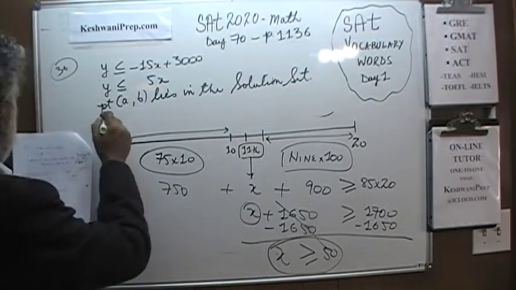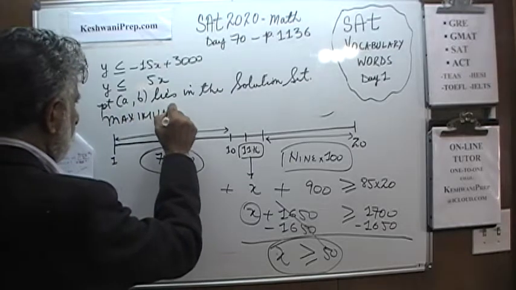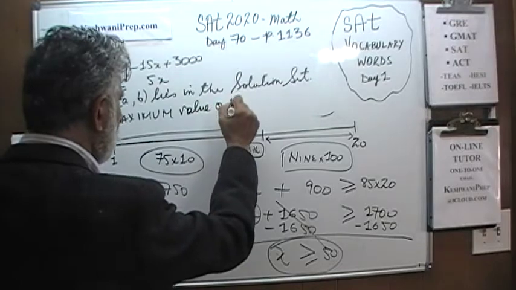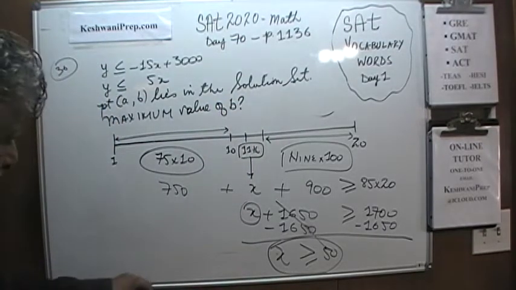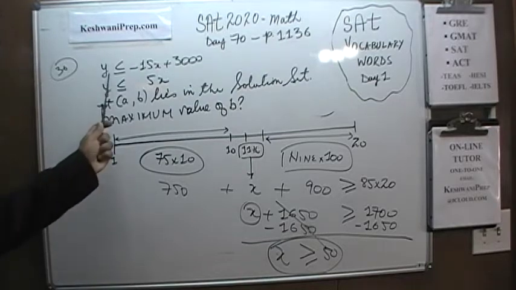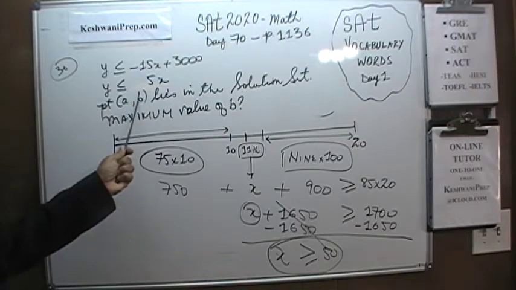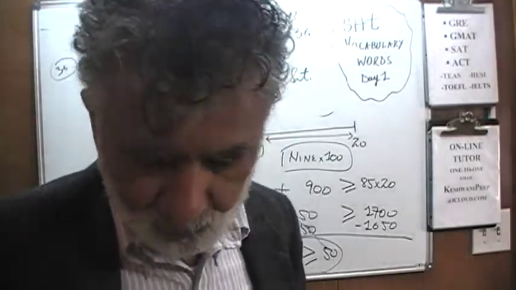What we want to find out is what's the maximum value of b. In other words, if you're looking at a point that lies within the solution set of these two inequalities, then what's the highest possible value of the y coordinate of such a point? Let's see what we can do.